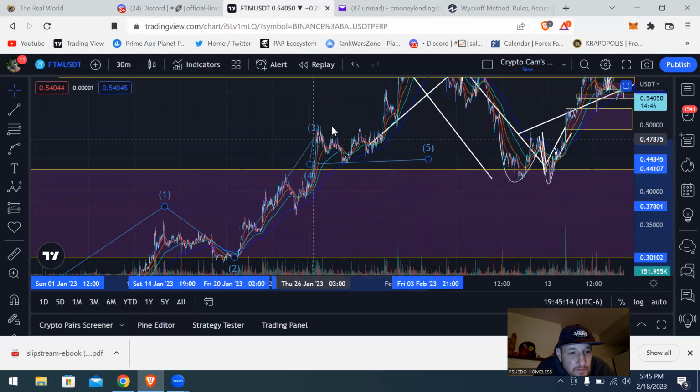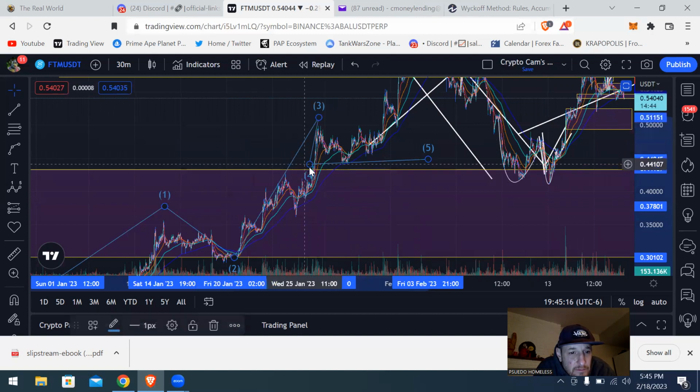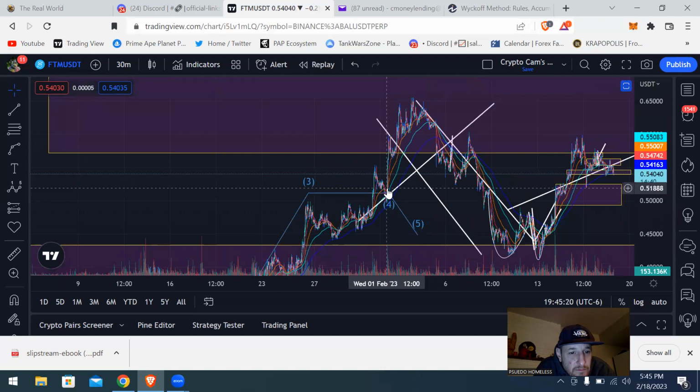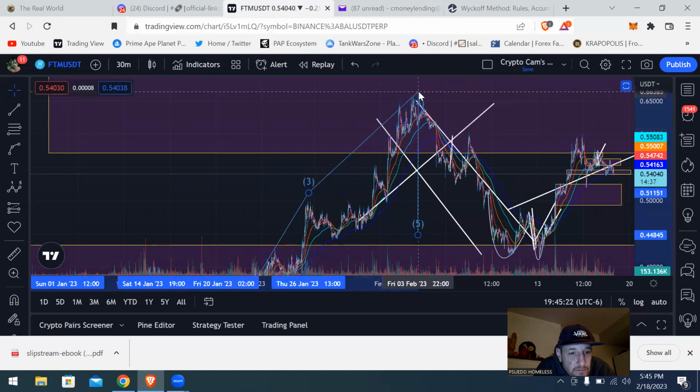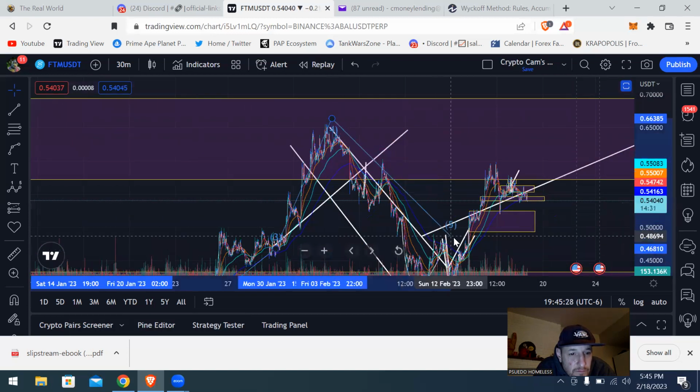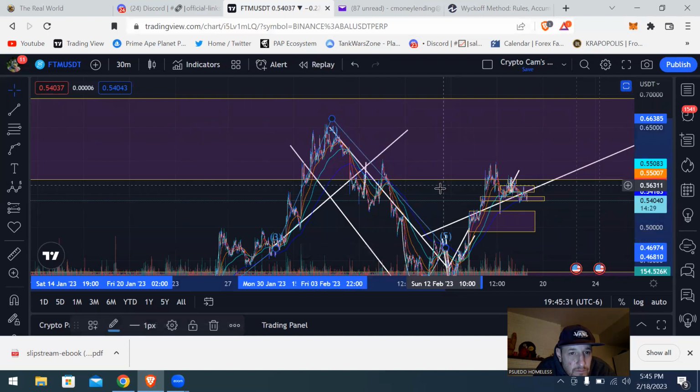All right, so rise level 1, rise level 2, retrace, and then this is rise level 3 right here. And then it's forming the M pattern right here.